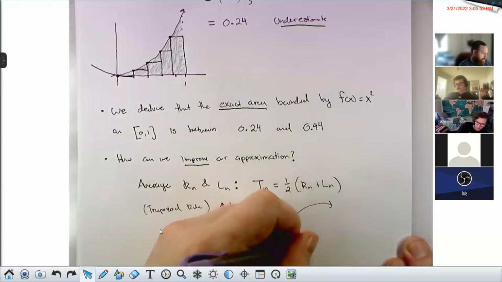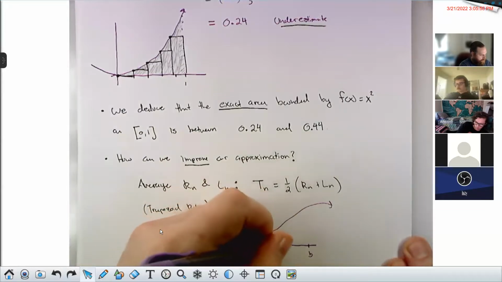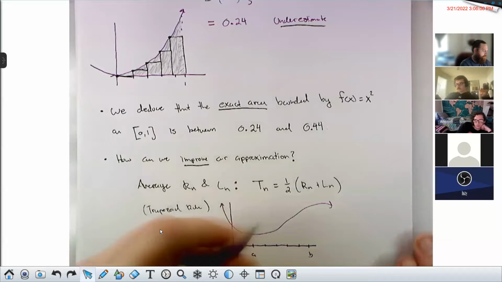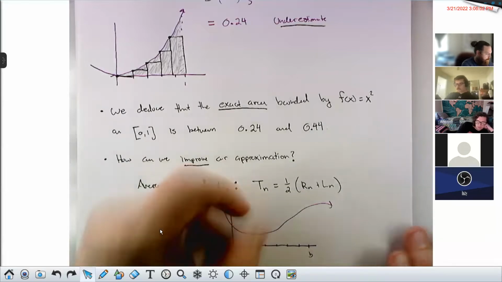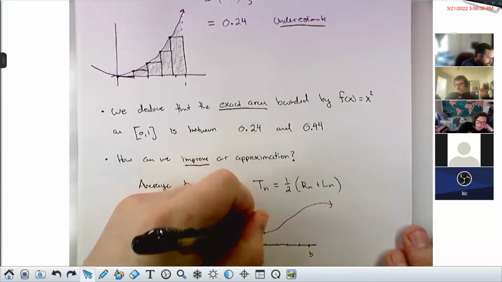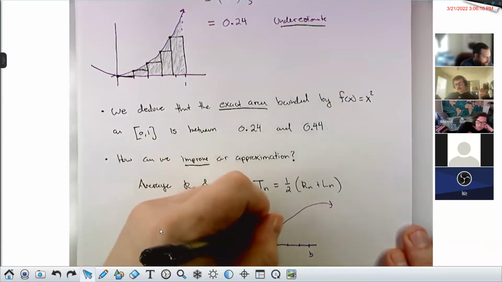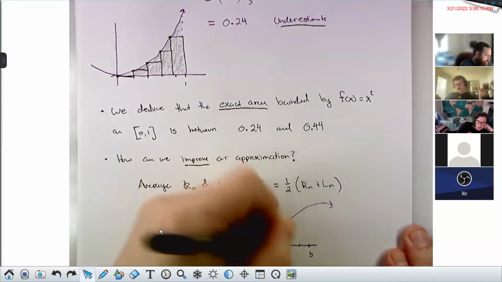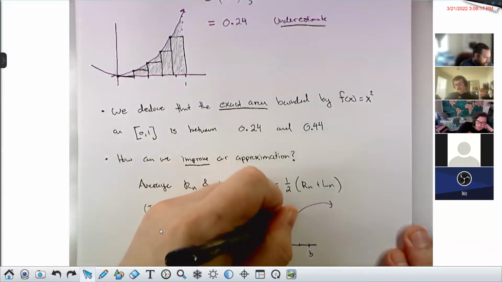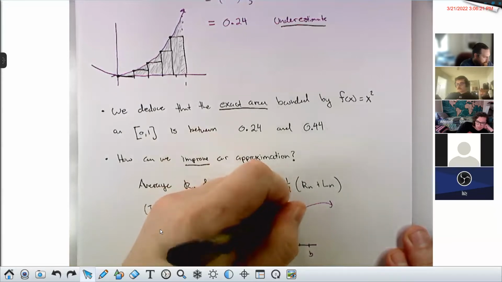A, B, chop, chop, chop, chop. So if you take the two endpoints together and connect them with a straight line, this turns out to be the same thing as averaging the left endpoints and right endpoints.